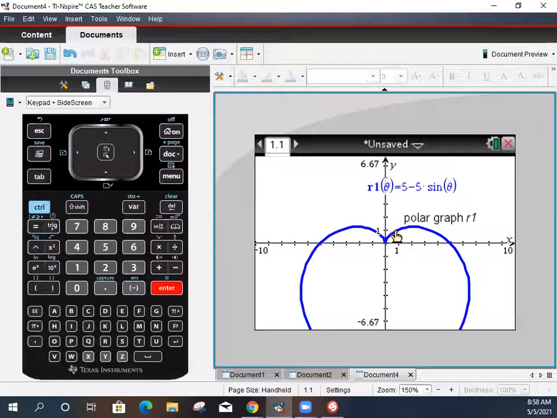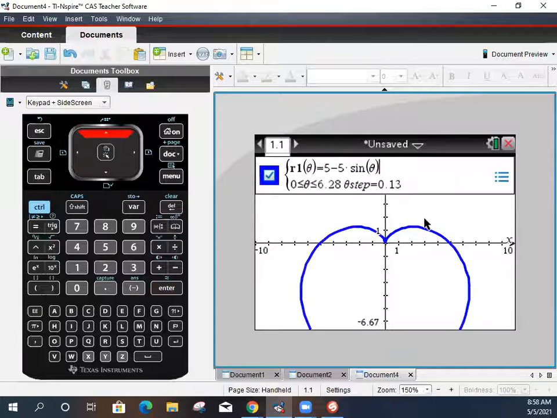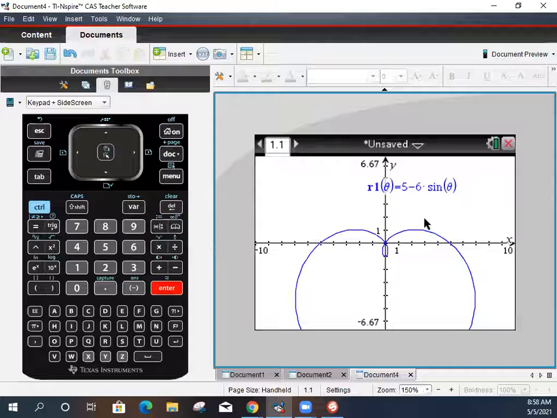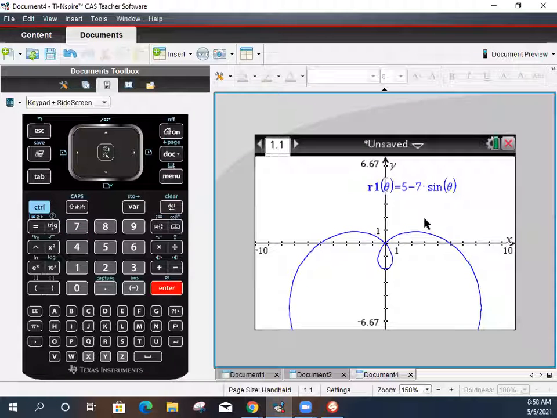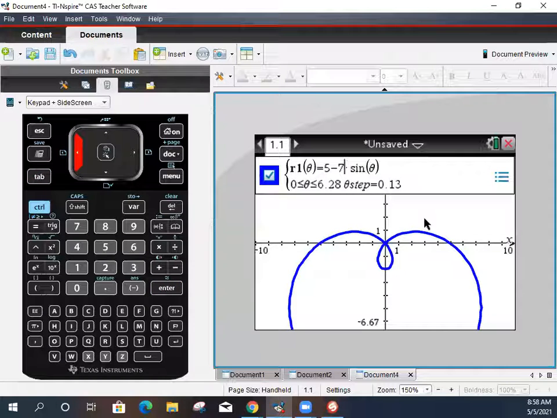And then once the constant becomes less than the coefficient, so that's the constant, this is the coefficient, then you get that loop. Now, does anyone notice a connection between B and A and the length of the loop?